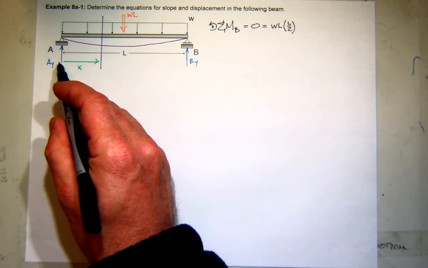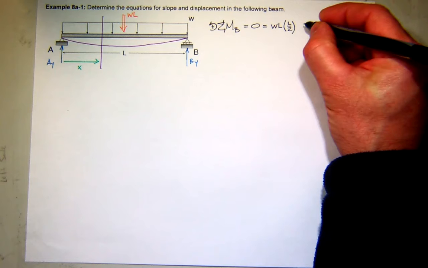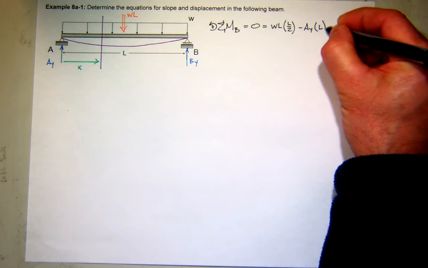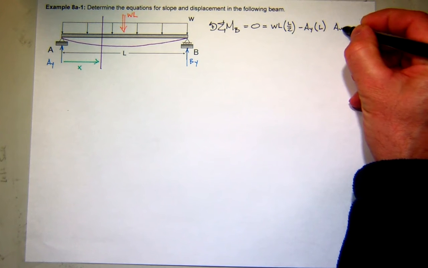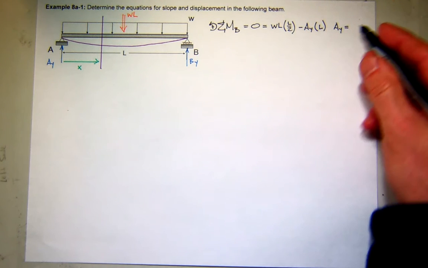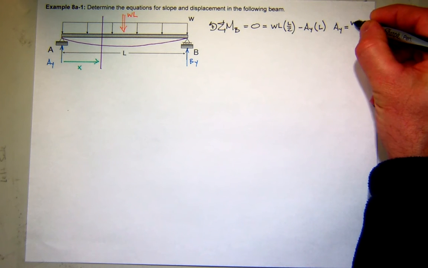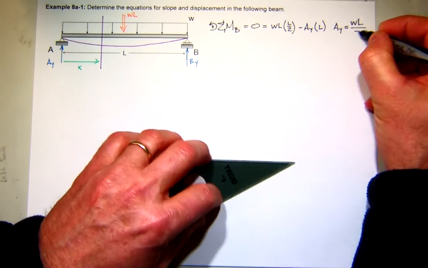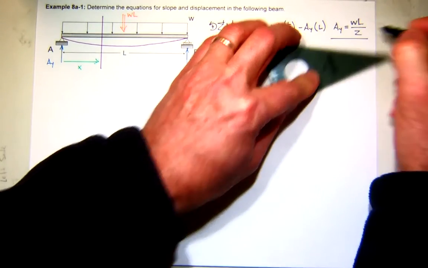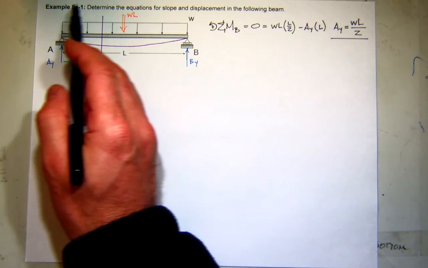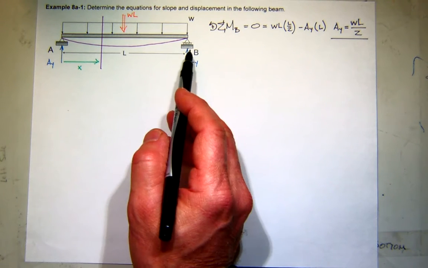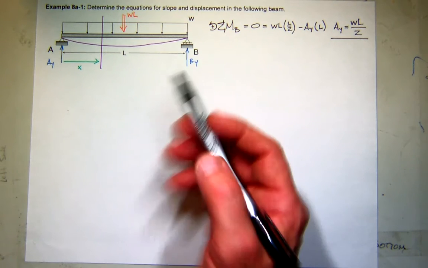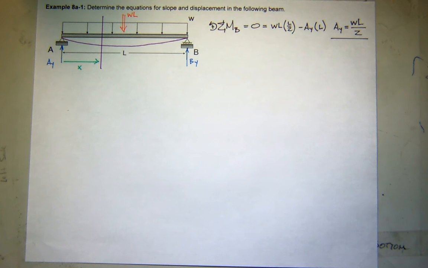And then AY is going to create negative moment at a distance of L. This should not be a surprising result, but you see that AY is going to be WL over 2, basically half the load. And again, that's something we've seen before. You'd expect with a uniform load, with this kind of support system, that half the load will go to A and half the load will go to B, and equilibrium says that's true.